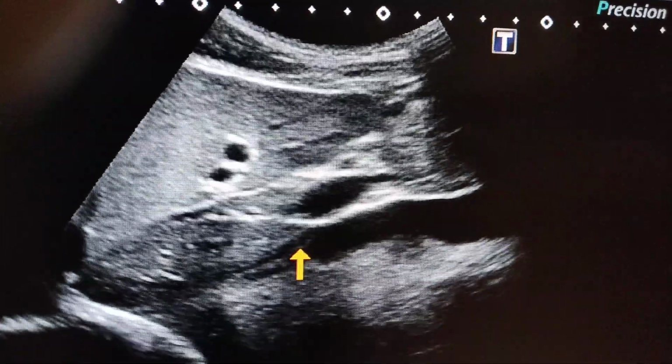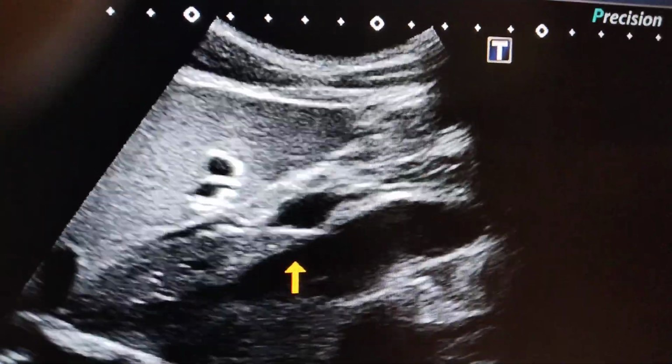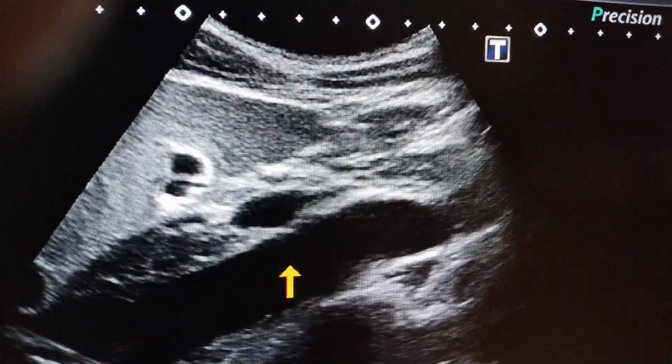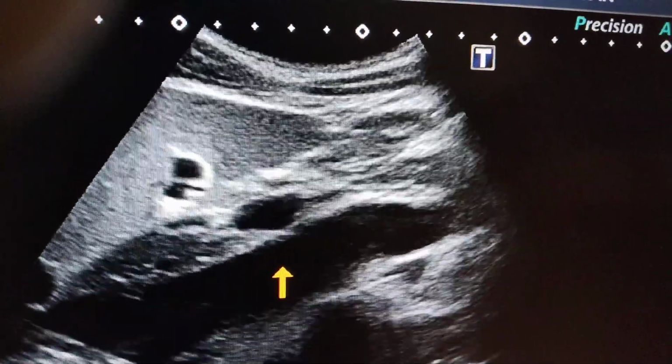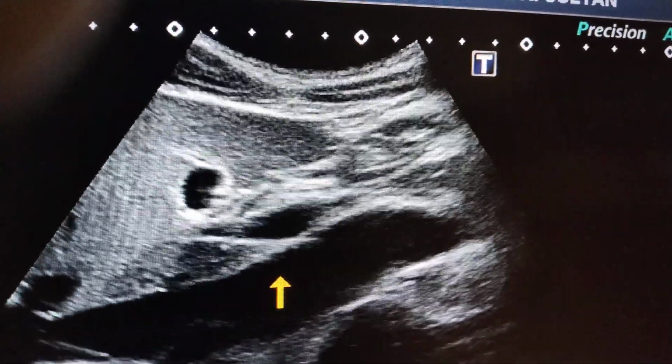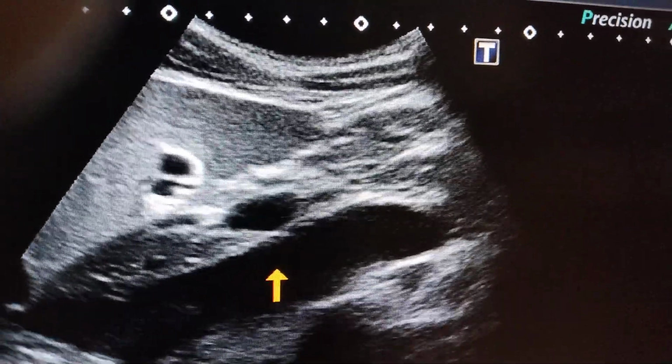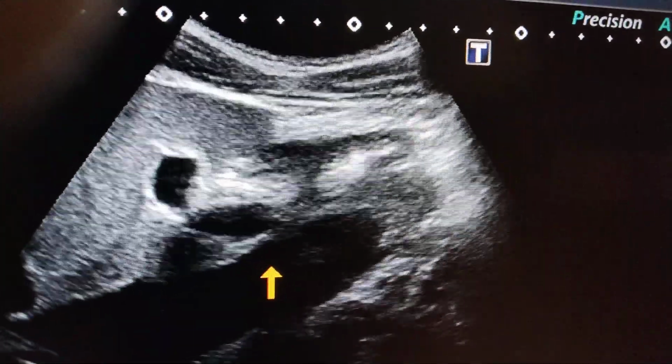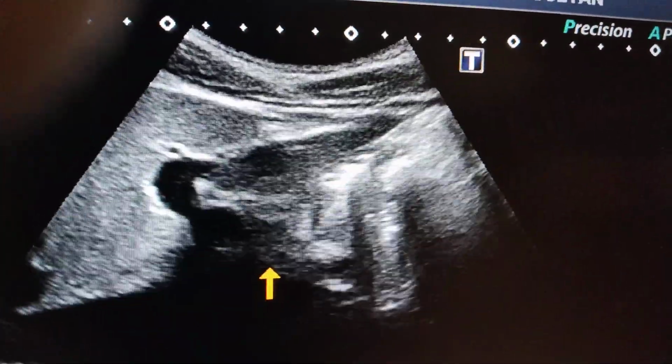At this position, then we have reached the right subcostal region. Costal means below the ribs.